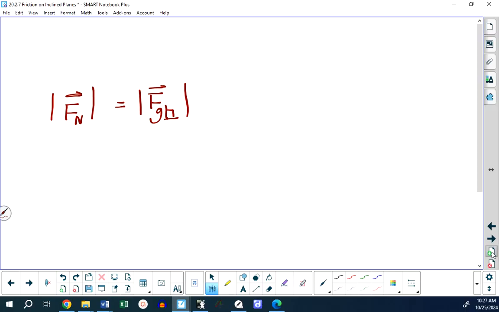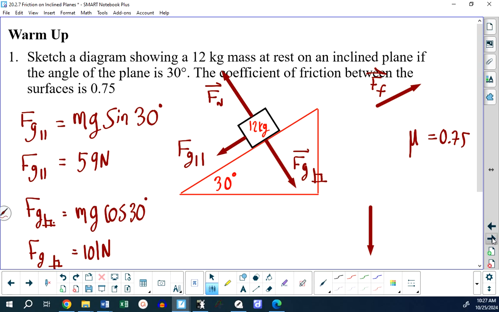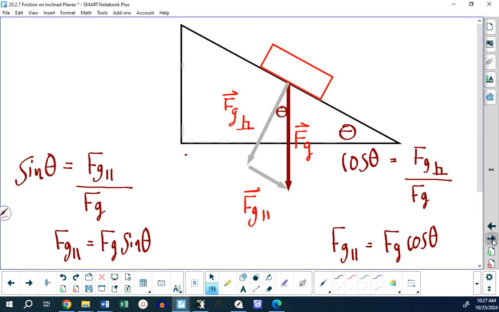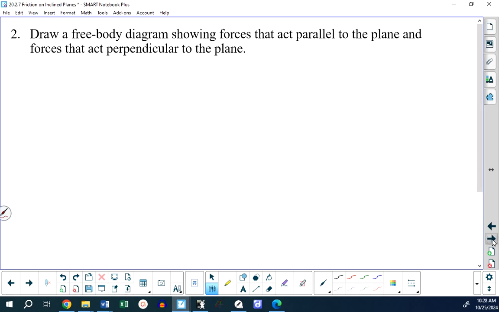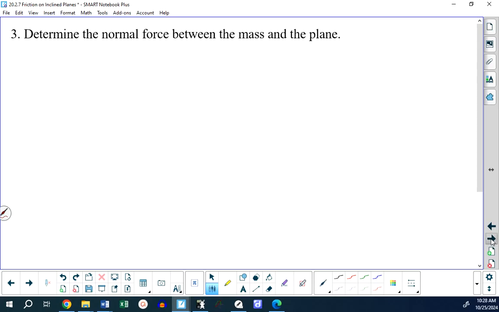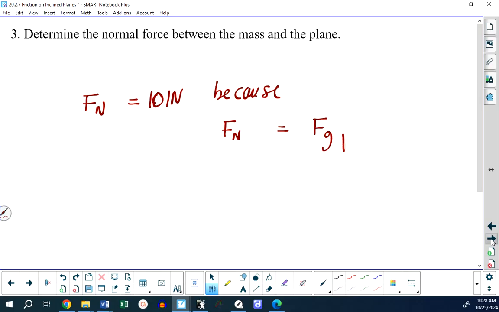Okay? All right. Now, this is getting somewhere now. Somewhere along here you were asked, we're getting to this conclusion. What is the normal force? We've determined that. The normal force has a value of 101 newtons because the normal force is equal in magnitude to the perpendicular component of gravity.